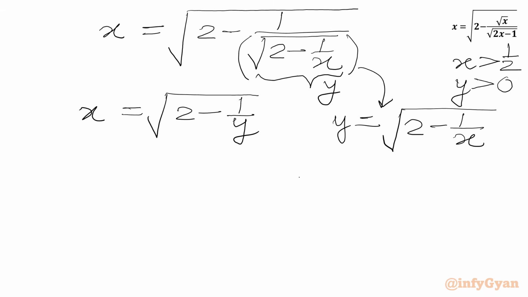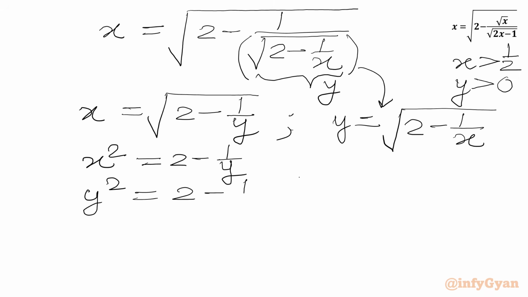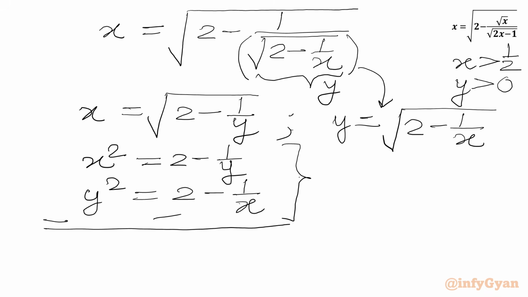Now we'll be squaring both the equations. So we can write x square will be equal to 2 minus 1 over y. And after squaring second equation, we will write y square equal to 2 minus 1 over x. Now we have to subtract second equation from first one. So sign change will be there. Plus 2 and minus 2 will get over.